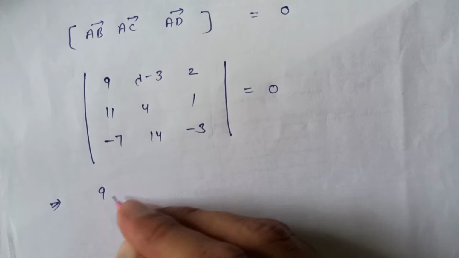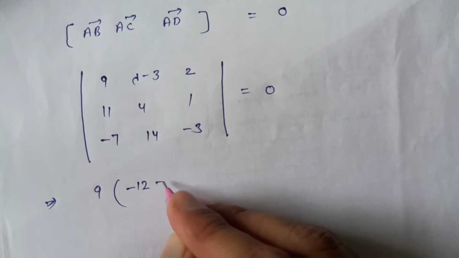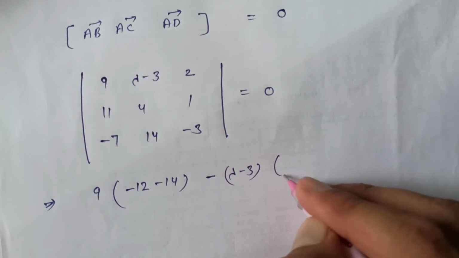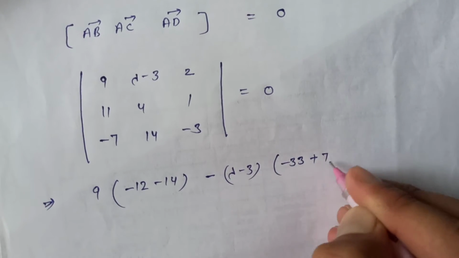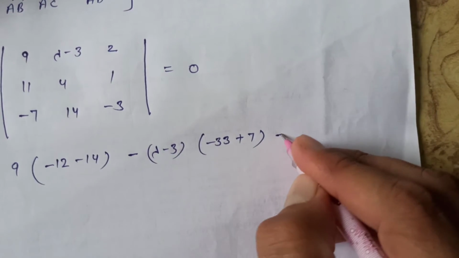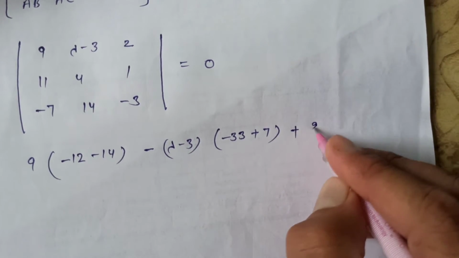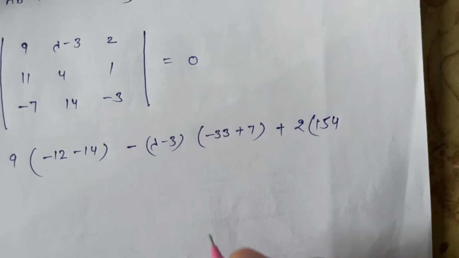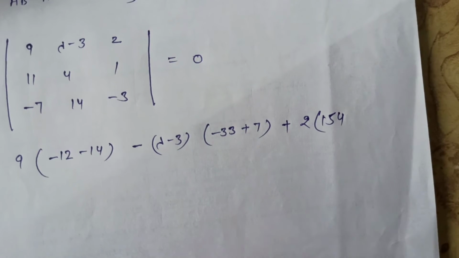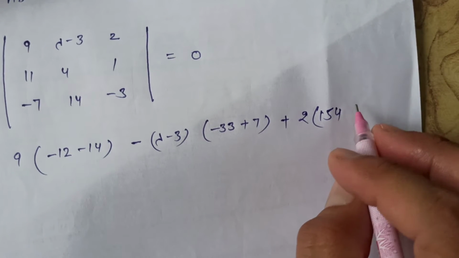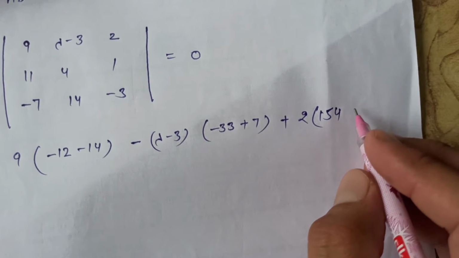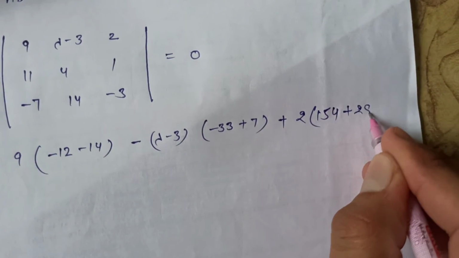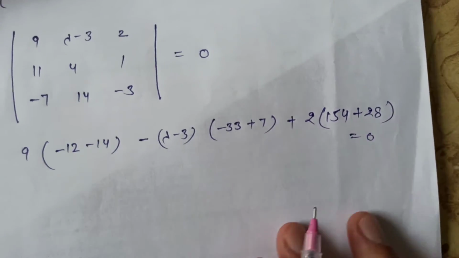Expand this determinant: 9 into minus 12 minus 14, minus lambda minus 3 into minus 33 plus 7, plus 2 into 14 into 11, that is 154, plus 28, must be 0.